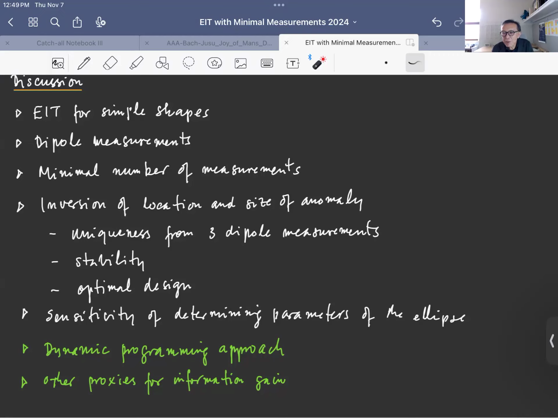The one problem that we've been struggling with is this: you have an all-in-one measurement, where you choose n electrodes and do it once, or you do it greedily, starting with, let's say, 2 or 3, and then keep going, adding one at a time until you reach n. And then with the dynamic programming approach, we don't know how to rank order which one's going to be better.